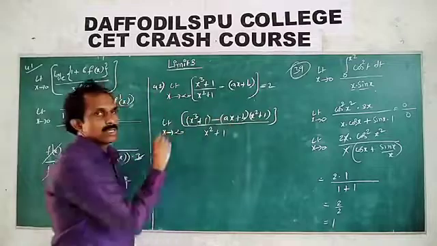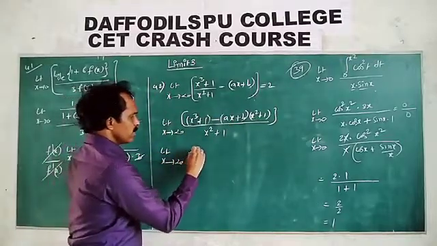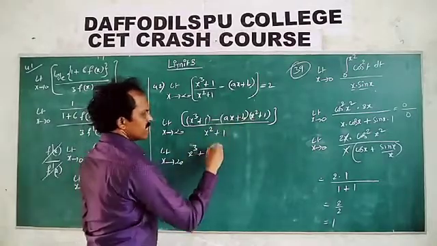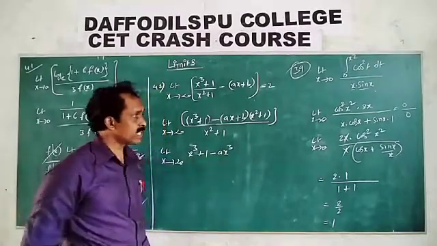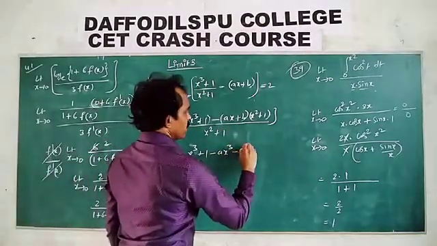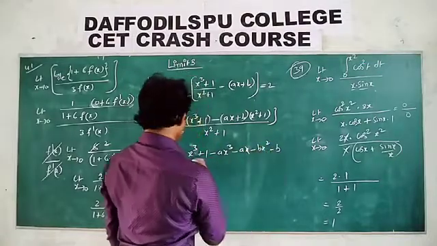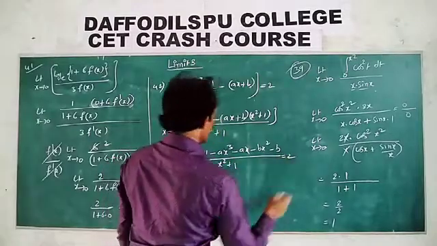Limit x tends to infinity of x cube plus 1 minus ax cube minus ax minus bx square minus b, divided by x square plus 1, is equal to 2.